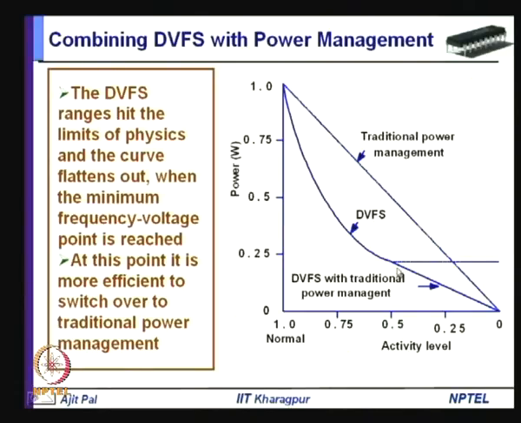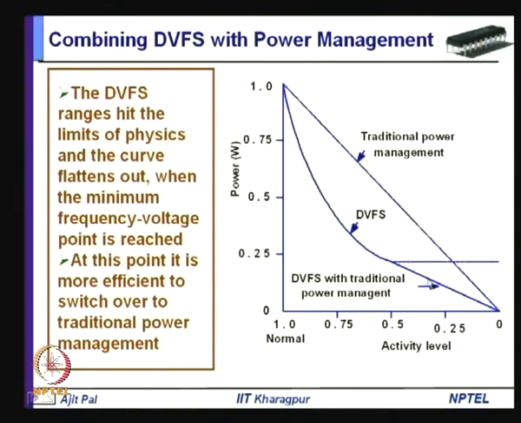However, what you can do, you will use dynamic voltage and frequency scaling up to this point. As the activity level reduces in this direction, you keep on reducing the frequency and voltage, and you get a significant reduction compared to this linear reduction, which you can achieve by using traditional power management.